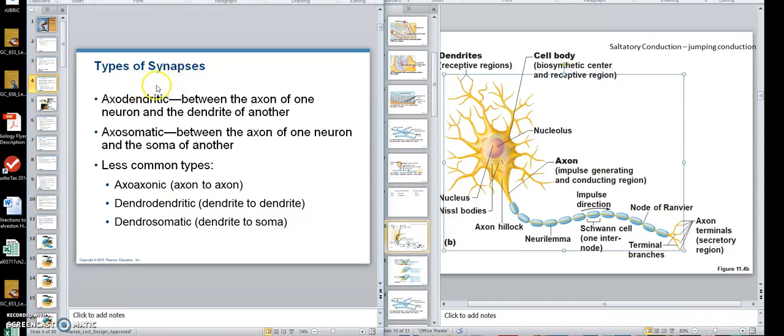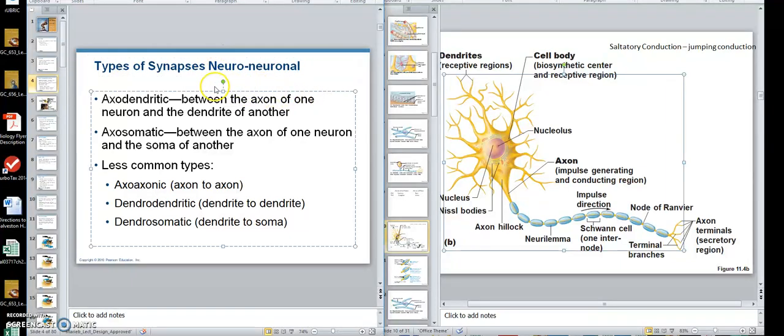This would be what we call neuronal. Neuron to neuron. Now, this is what I want you to understand. These types of synapses here are going to be what we call neuronal, neuron to neuron. Before, we talked about neuromuscular when we did the muscle.